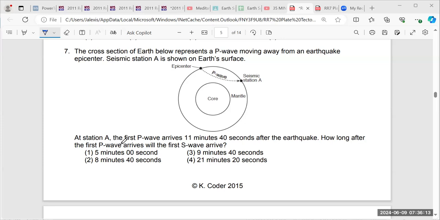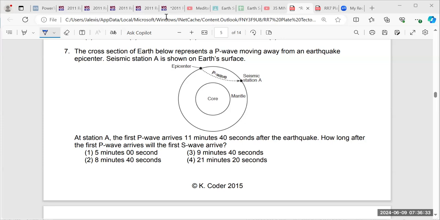It says at station A, the first P wave arrives 11 minutes, 40 seconds after the earthquake. How long after the first P wave arrives will the first S wave arrive?